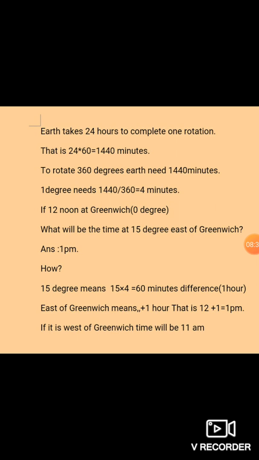No. Okay, very good. Large countries have more than one standard time. In Russia, there are 11 standard times. The earth has been divided into 24 time zones of 1 hour each. Each zone covers 15 degree of longitude.